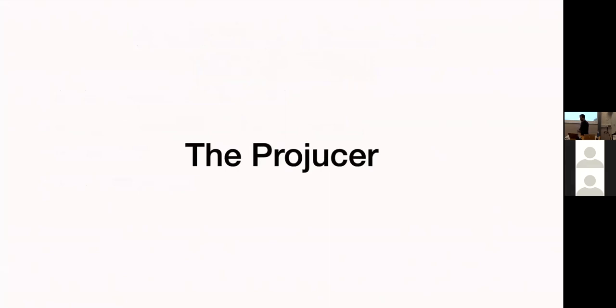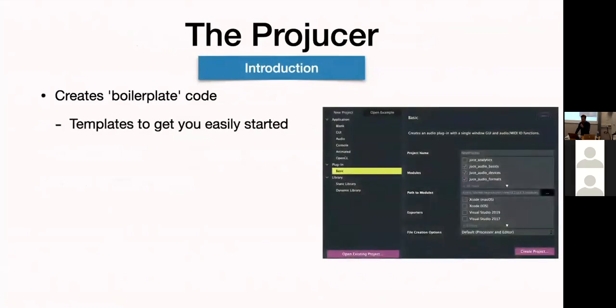All right, so let's take a look at the Projucer and what that is. So it's essentially an application also made in JUCE, by the way. And it creates C++ boilerplate code. So it creates templates to get you easily started. Actually, I learned C++ using JUCE because it was very easy to get quick results and to experiment very, very quickly.